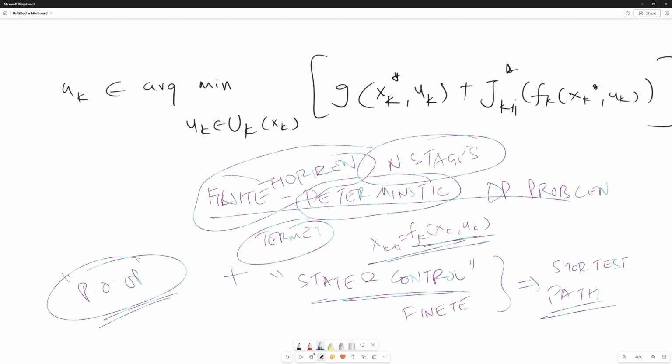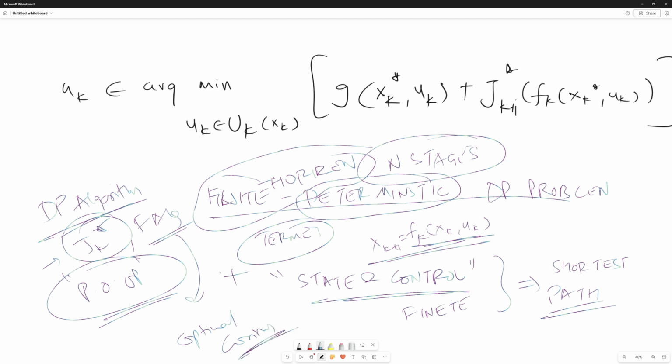Then we also saw the dynamic programming algorithm to solve this problem, wherein you compute the optimal cost to go function. Once you compute this, you can do the forward algorithm to get the optimal control sequence. So this is just a formalization. In the next video, we'll try to solve the traveling salesman problem to see how you actually apply this in the real world. All right.